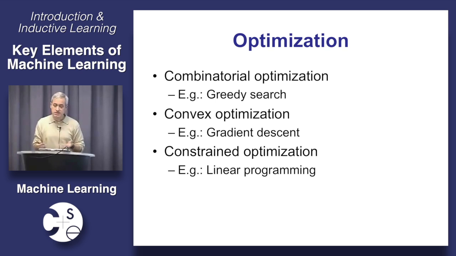A famous example of this is linear programming. I have this linear function that I'm trying to optimize. I'm trying to optimize my profits from my factory or whatever, but I have these constraints on how many machines I have and how many things I can produce an hour and the cost of the components and whatnot. So I'm trying to optimize a function subject to constraints. If the function and the constraints are linear, then what we have is linear programming, but there might be nonlinear ones as well. And some of those techniques get used in machine learning.